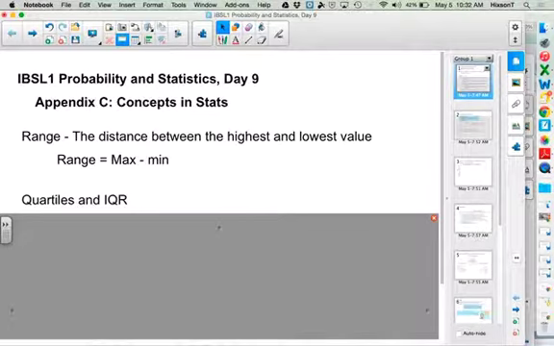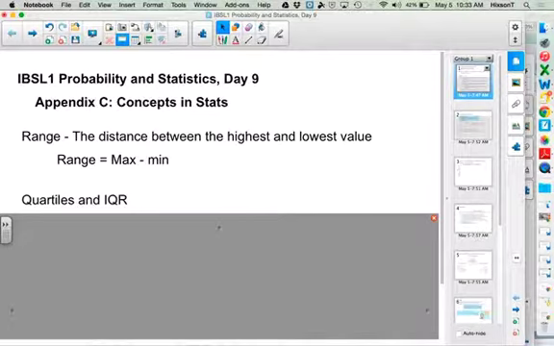Just to give you a summary of this whole concept, part of the reason why we're looking at the range is we're going to be looking at the distribution, or the spread, of our data. But instead of looking at it in relation to the mean and standard deviation, a box plot looks at the spread of data in relation to the median.